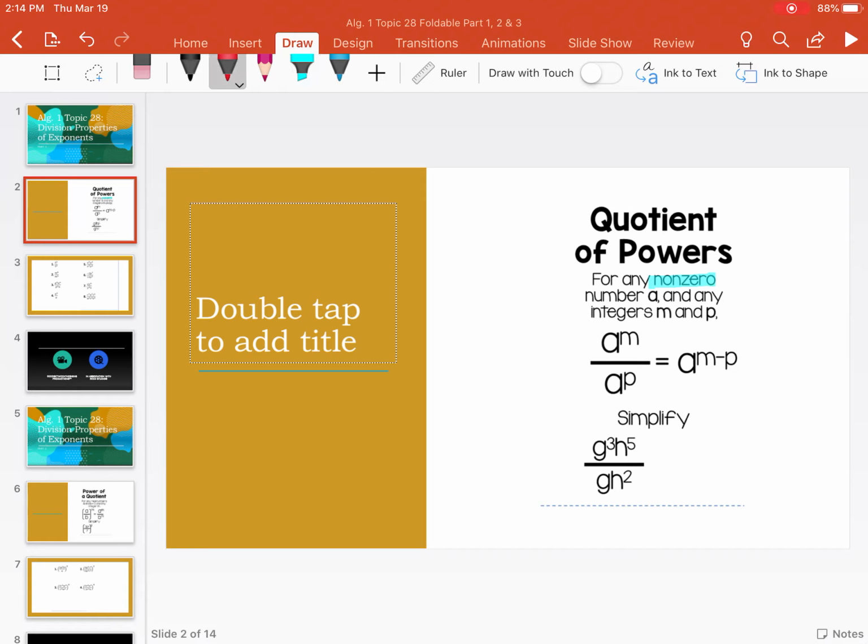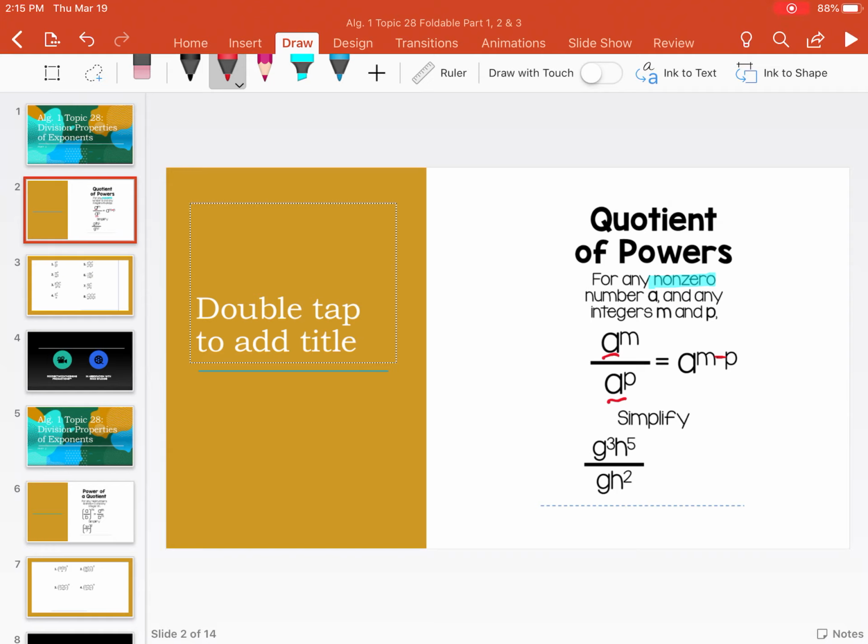Here, what we're doing is we're subtracting. So we have the same base of a, and we have numbers m and p. So when we see the same base and we're dividing them, we're going to subtract those exponents.